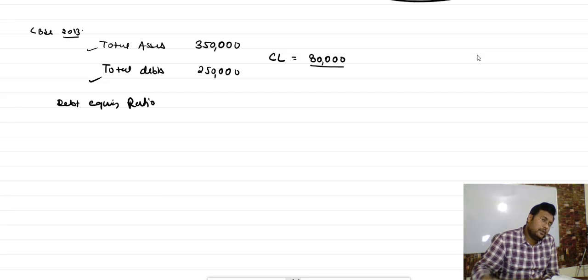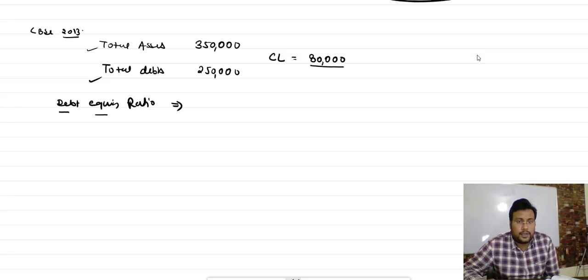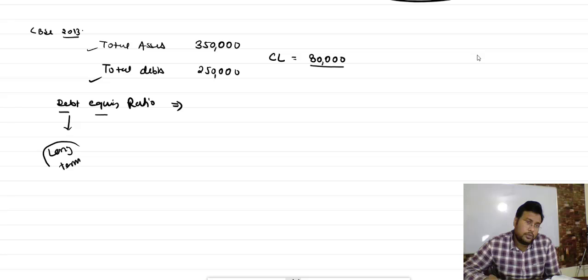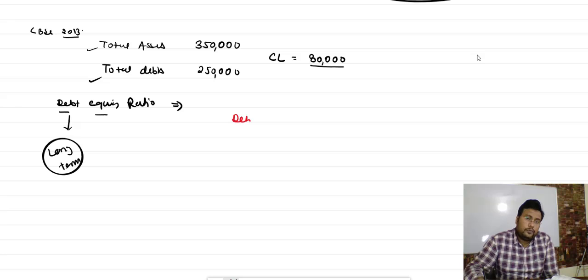So how can we calculate? See, bacha, for debt and equity ratio, two things are required: debt and equity. For the debt, we always take the long term, not the short term. Short term नहीं लेना है. In the debt equity ratio, debt is generally the long term one. So first we have to calculate the value of debt.